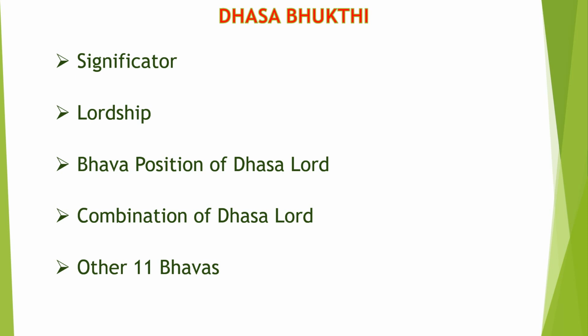So these three things, the significator, lordship and the bhava position of the dasa lord, will be decided as to whether it is going to benefit or affect the native, whether it is a good or a bad effect. For that, it will be decided based on the combination of the dasa lord. This is a Nadi rule, which we have seen in the Nadi rule lesson itself.